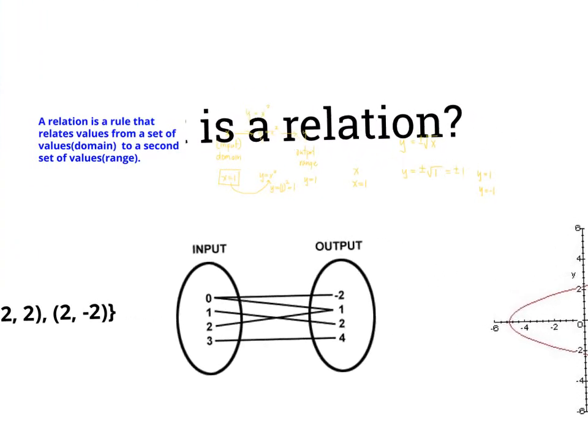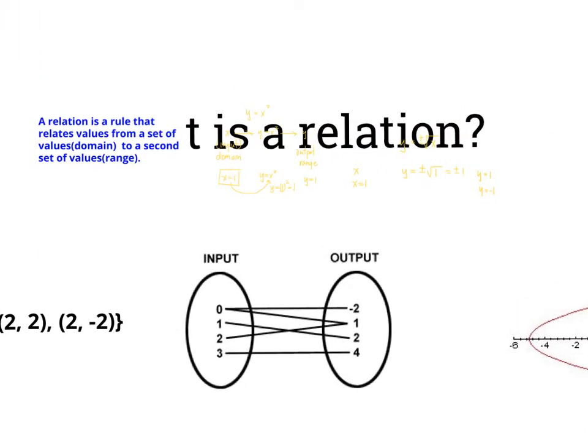That can be observed as well in the mapping of values in the diagram. 0, for instance, is paired to negative 2, and 0 is paired to 1, and so with all the other elements in the input.